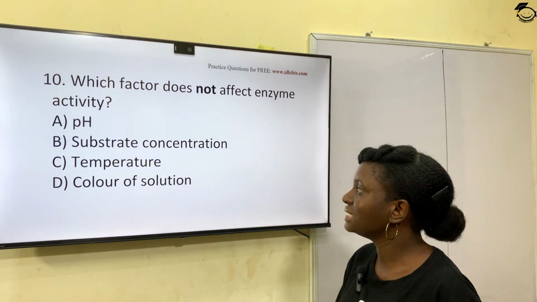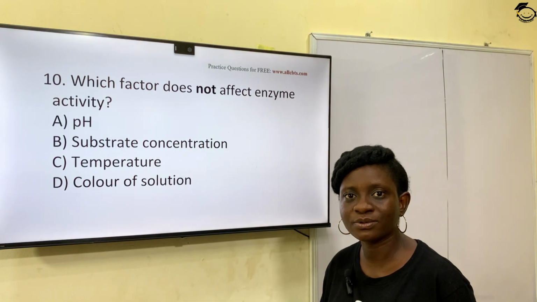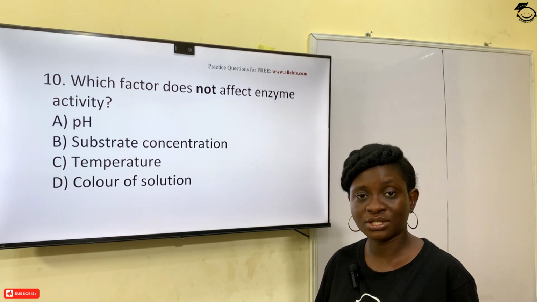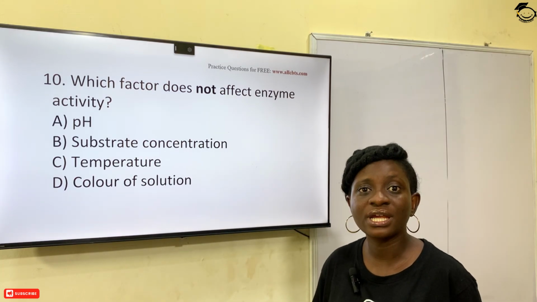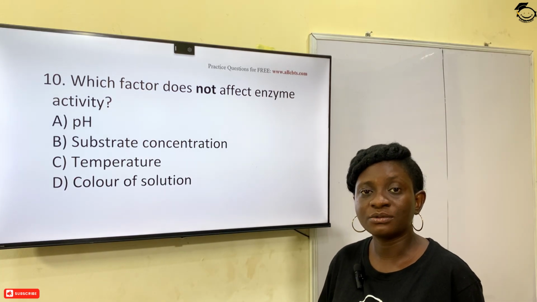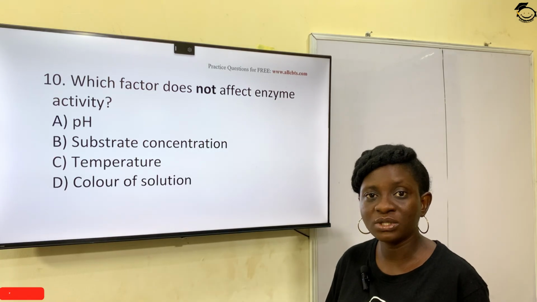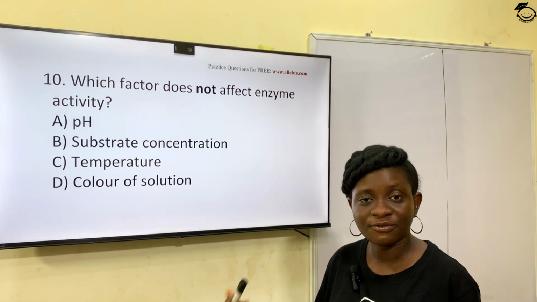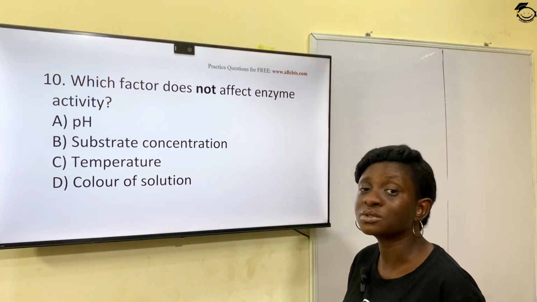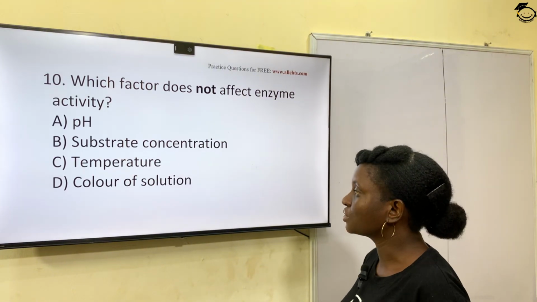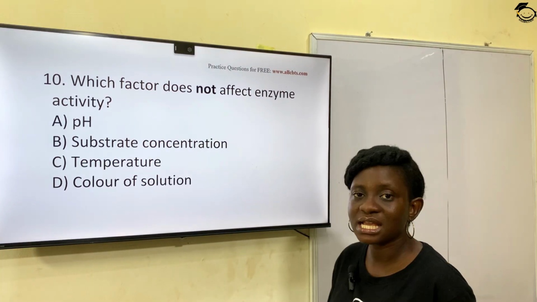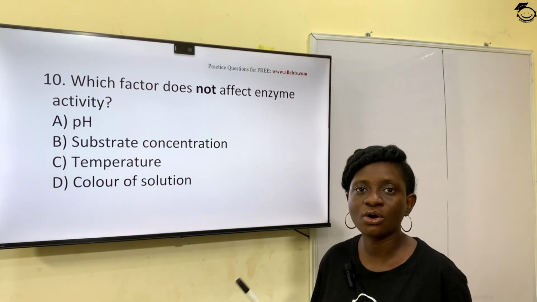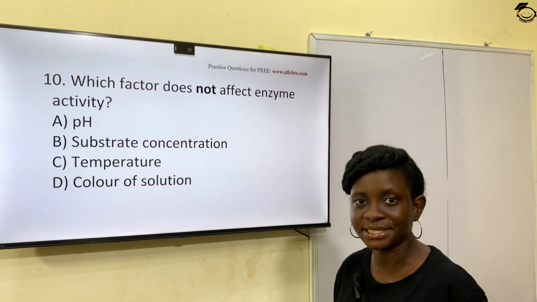Substrate concentration: an increase in substrate concentration will increase the rate of reaction. Likewise, an increase in temperature will increase it, as there will be more collisions leading to faster movement of molecules, increasing the rate of reaction. So the only option here that doesn't affect enzyme activity is color of solution, option D.